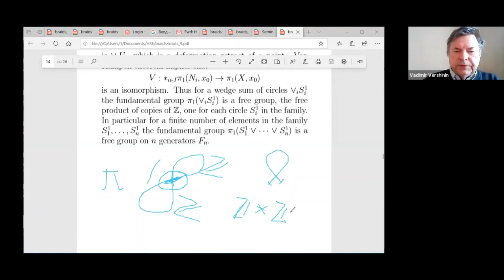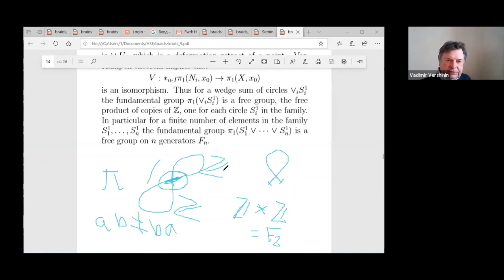So this is a free group of rank 2, not just a sum, but a free group. If you have a free group with A and B, AB is not equal to BA. In the torus they are equal, but not here.